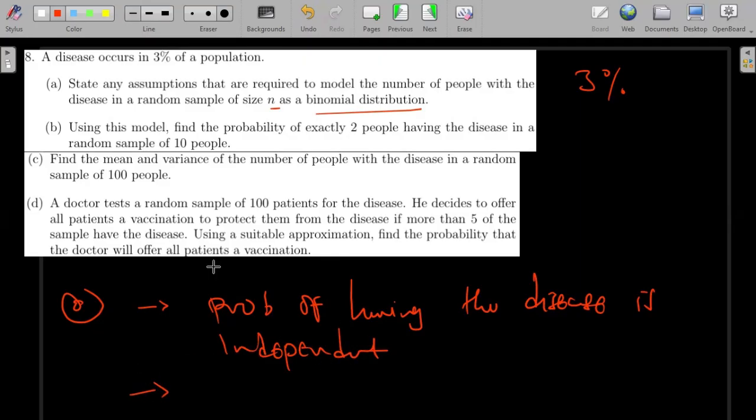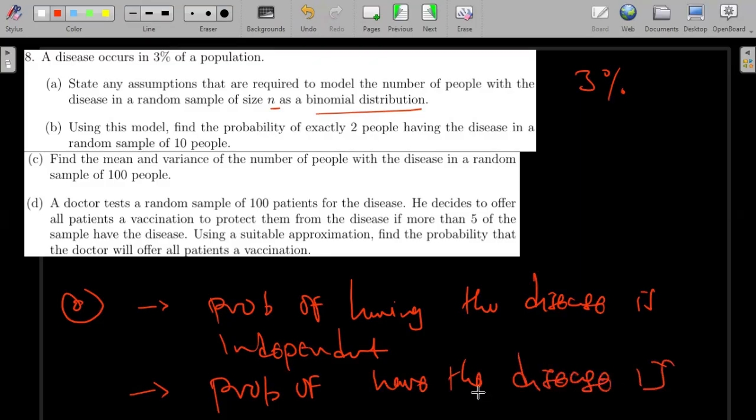And then the second one is that the probability of having the disease is constant. Okay, so these are the only assumptions that you need under the binomial distribution.